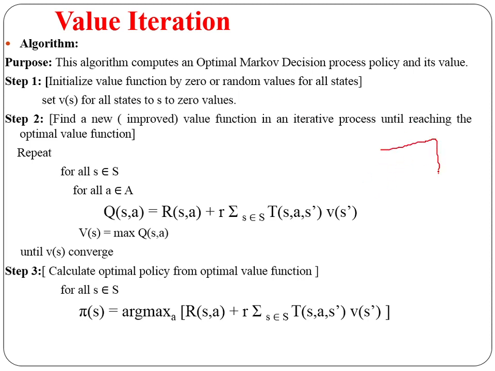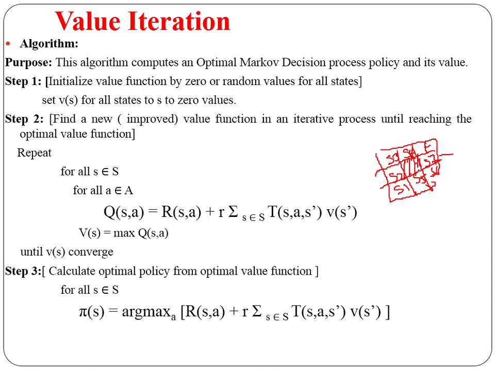So here, if I take the same grid world example, this is the grid and this is a wall, so I cannot have a state here. I can have S1, S2, S3, S4, and this is the destination, S5, S6 and S7.